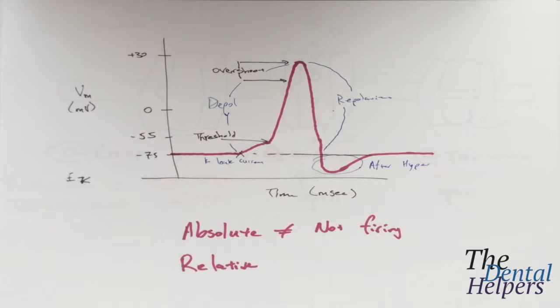The sloth is going to take its sweet time to open and close the door. So remember that a sloth is closer to a potassium channel versus the sodium channel is more like the flash. And the flash is going to want to make sure that it gets from point A to point B relatively quick and not allowing problems to occur, because we don't want too much sodium inside the cell.